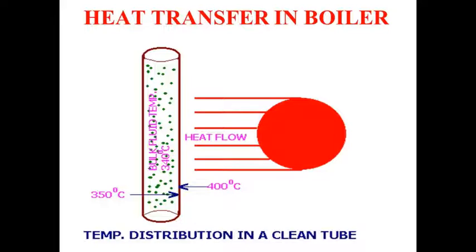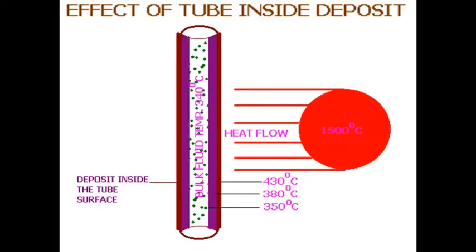This is the outer wall of the tube, and the inner wall of the tube may have a temperature around 350 degrees centigrade. So naturally there is a difference of around 50 degrees centigrade between the inner and outer wall of the tubes. And the bulk of the fluid has a temperature around 340 degrees centigrade.